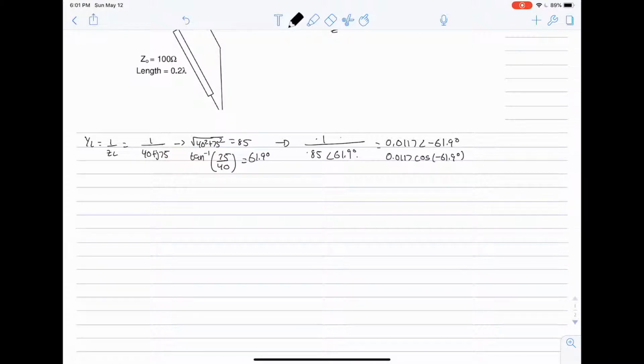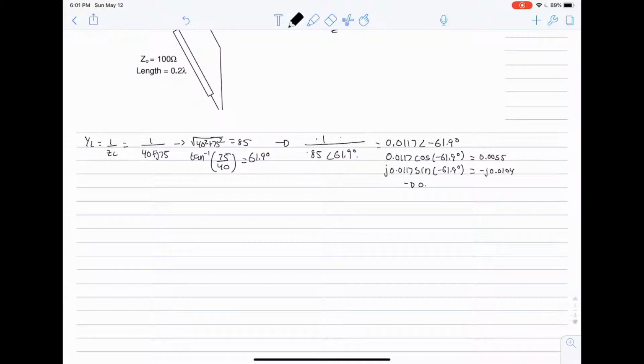And for our imaginary part, it's going to be J times the magnitude times sine of negative 61.9 degrees. And we get 0.0055 for a real part, and negative J 0.0104.